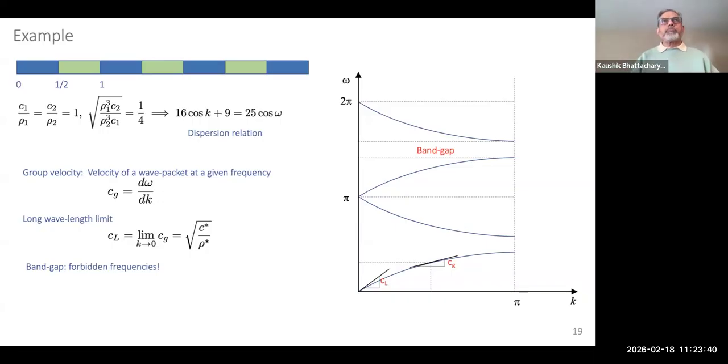If you don't have precise periodicity, you break up these resonances, and that's why you don't get any band gaps. So in random media, you typically don't have band gaps. Okay. Very good.